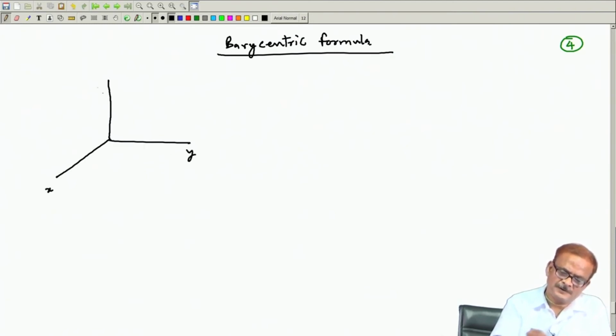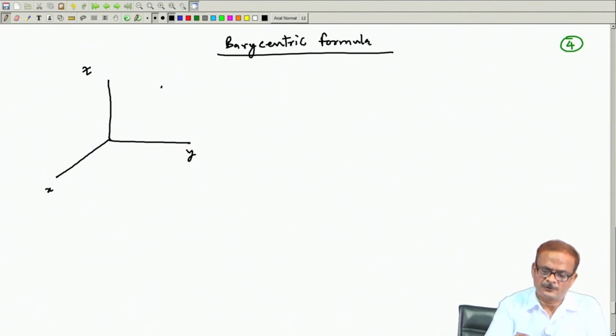This is x, y, z, and we have a number of particles here. Let us say the barycenter is located at this point. This is your barycenter. Mi and Mj we show on this point for clarity.